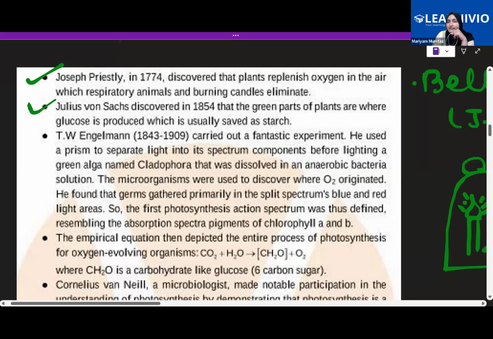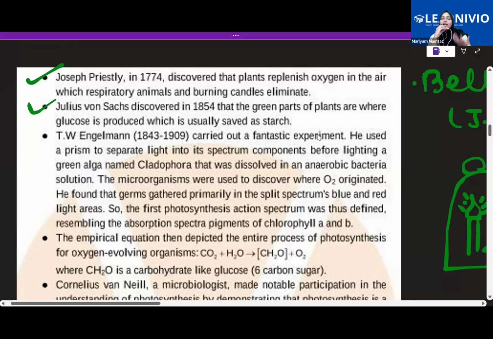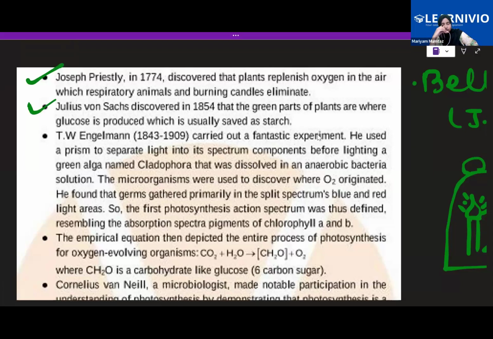The basis of his experiment was that the alga will do photosynthesis in one part of the light, and that will be considered the spectrum of light in which photosynthesis takes place.